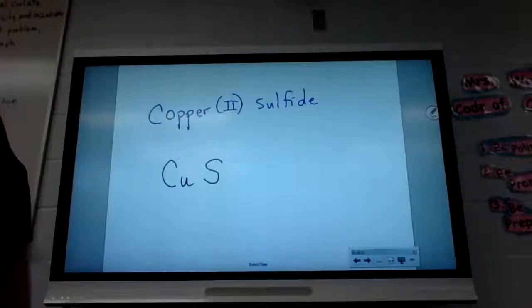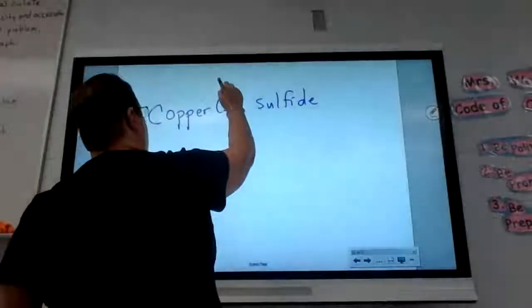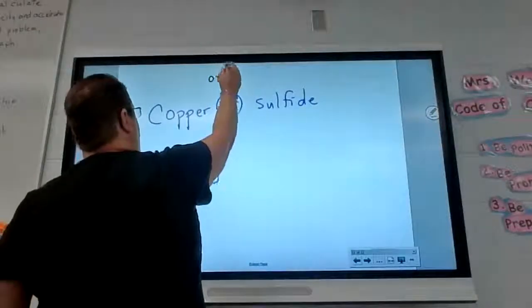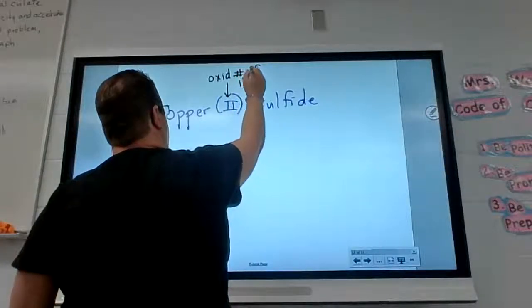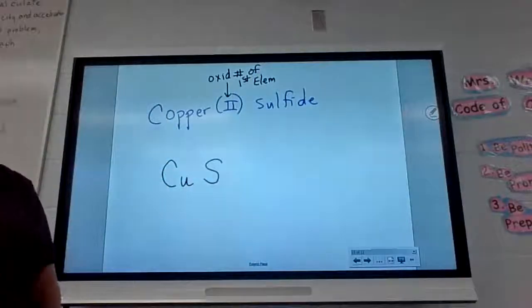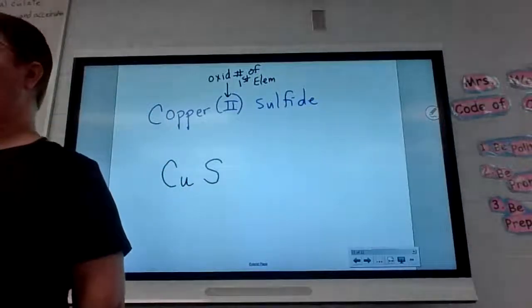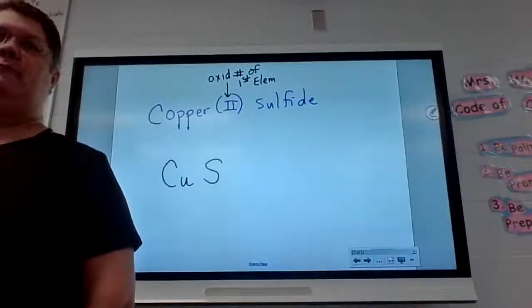It's got how many numbers listed there? 2. Okay. This right here is the oxidation number of the first element, because it's a positive element, okay? And you looked up copper on the sheet. You said it had +1 and +2 there, right?